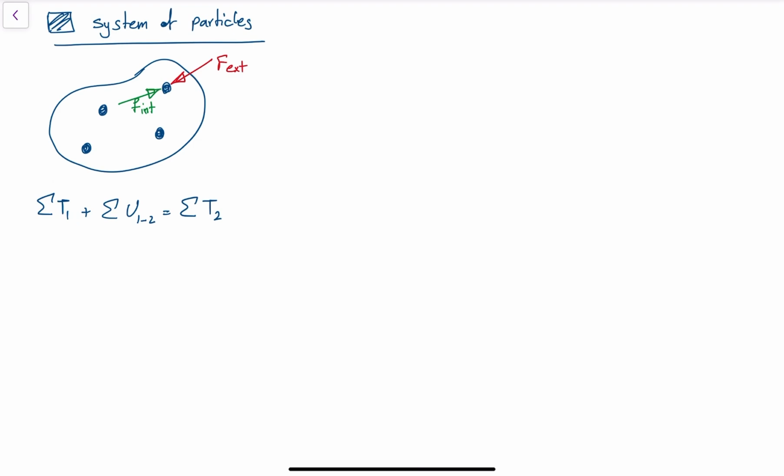I can actually go and expand this. T1 plus, I can separate these: all the internal works, all the external works, that should give you the total kinetic energy at the end.